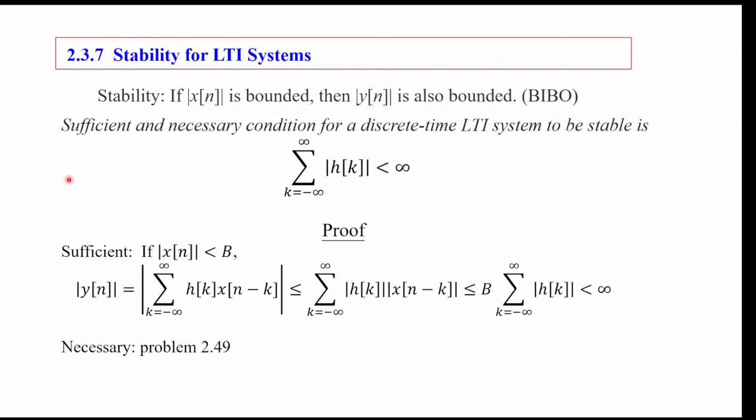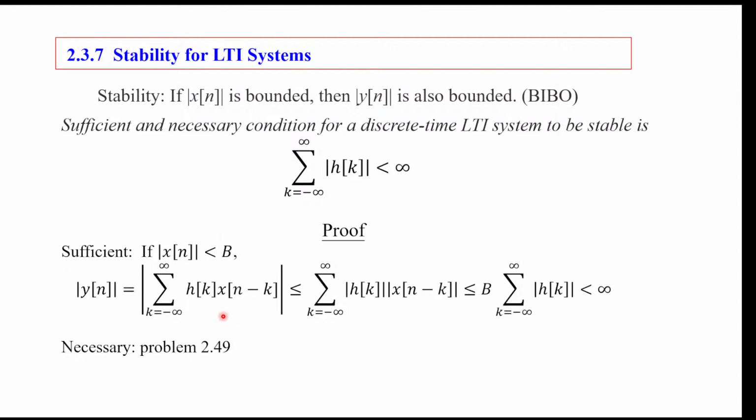So here we prove the sufficient condition. When we have a bounded input, so that the absolute value of x of n is less than B for all n, y of n equals, writing down the convolution, the summation over k of h of k times x of n minus k.